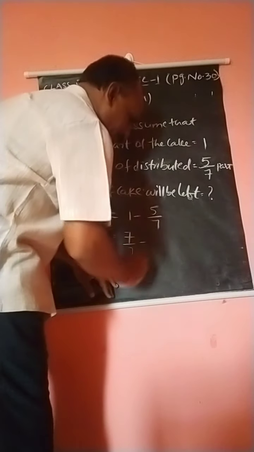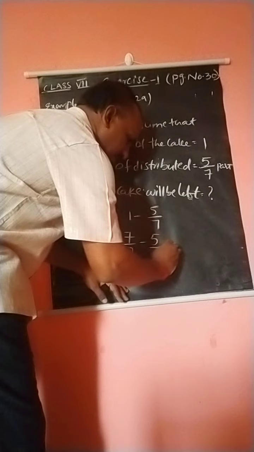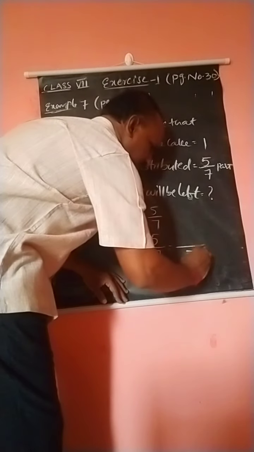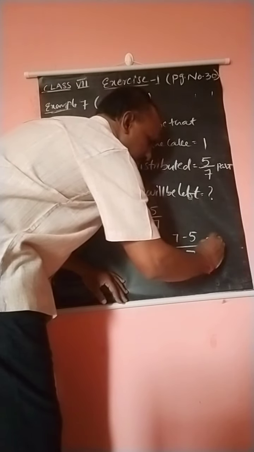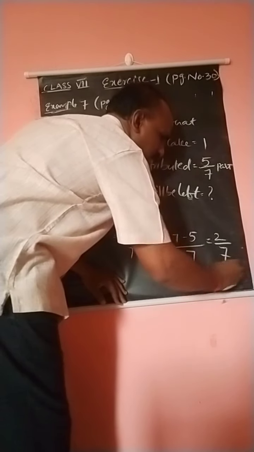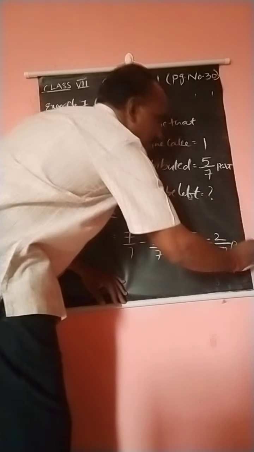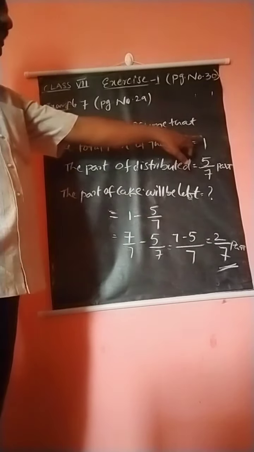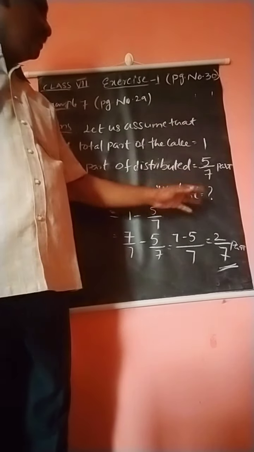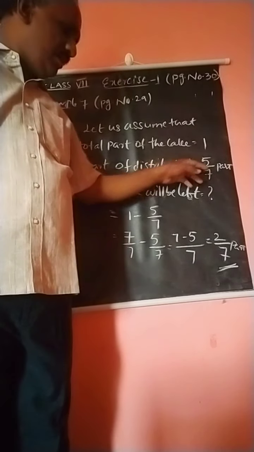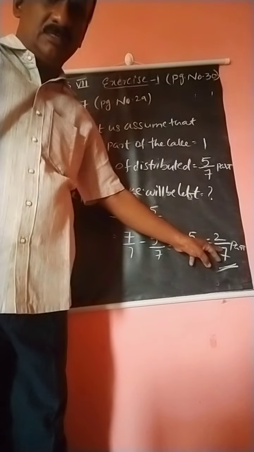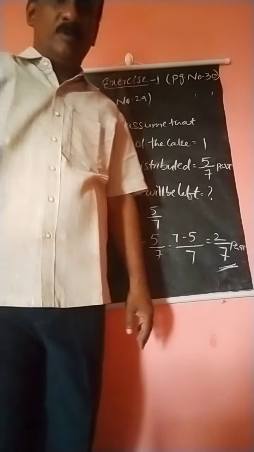So 7 by 7 minus 5 by 7. Very simple. That is 7 minus 5, equal to 2 by 7. Total part of the cake is 1 part. In that, the distributed part is 5 by 7, then the part left is 2 by 7.